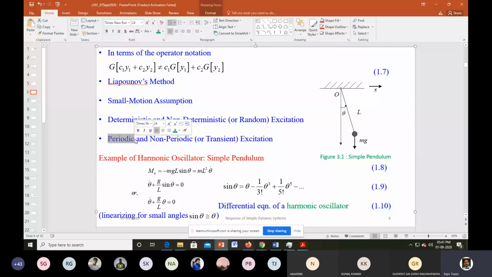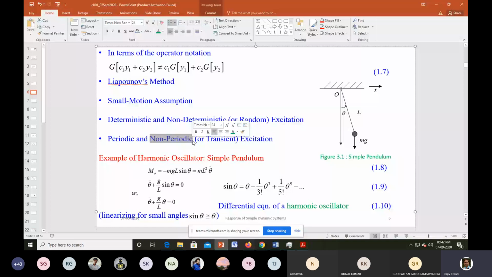Non-periodic is where the force is not repeating with time. We can give the example of an earthquake. Suddenly some jerk will come, but it will not repeat every time.